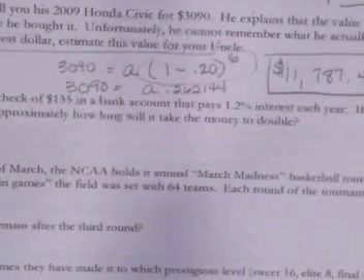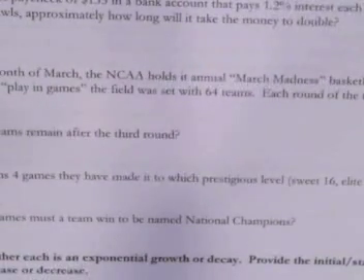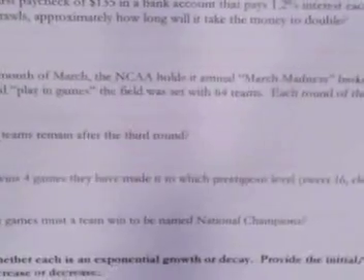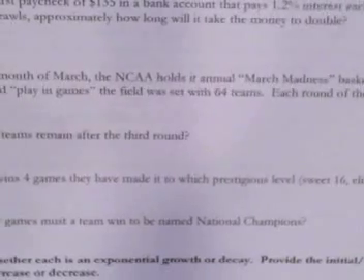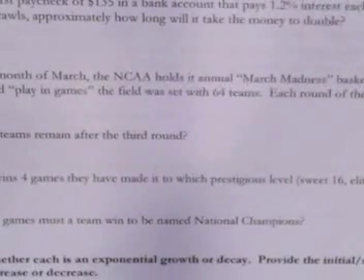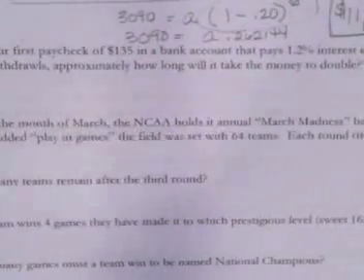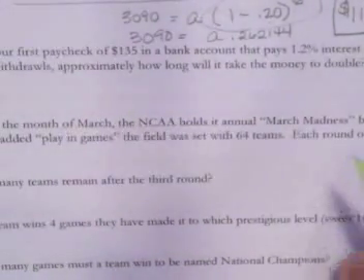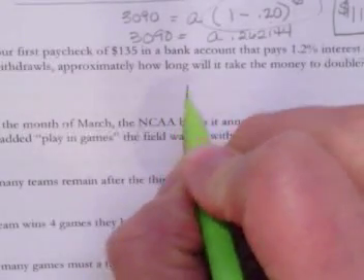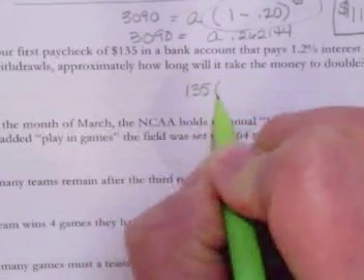So in problem number 3, it says you invest your first paycheck in a bank account that pays 1.2% interest each year. If you don't make any other deposits or withdrawals, how long will it take the money to double? So in this case, we're being asked to solve for a time period. Our initial amount is $135.